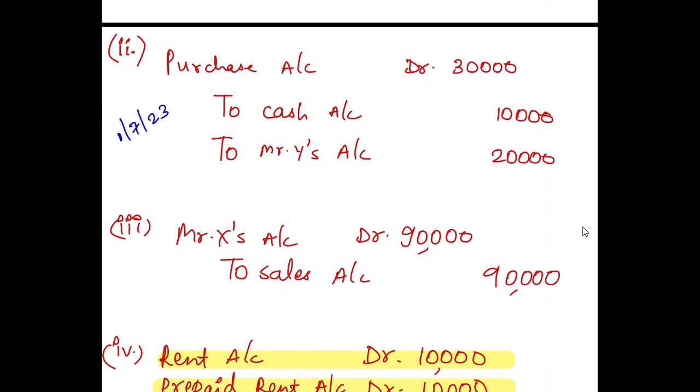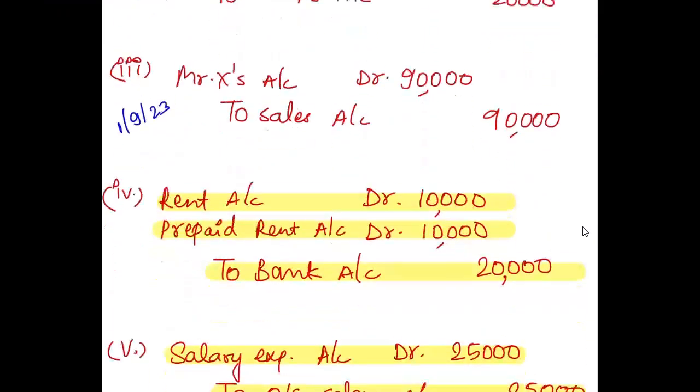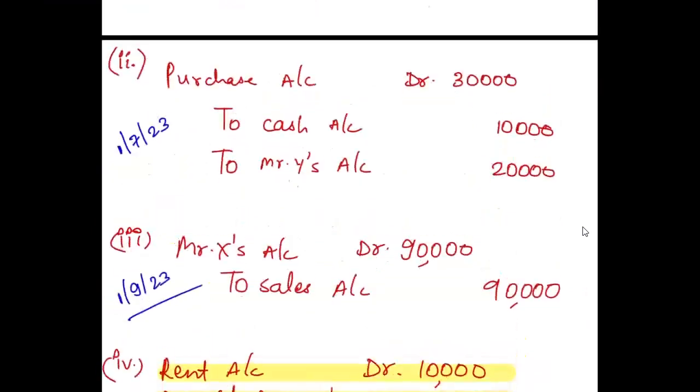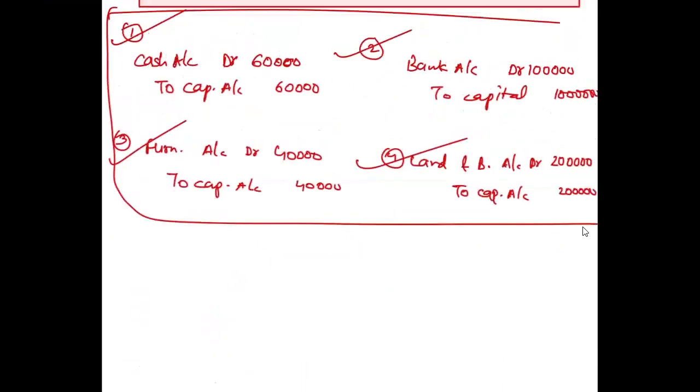Then another on 1st of September 23. Then we have the last two transactions, done on 31st of December 23, and this one also 31st of December 23. I have given dates to all these entries.